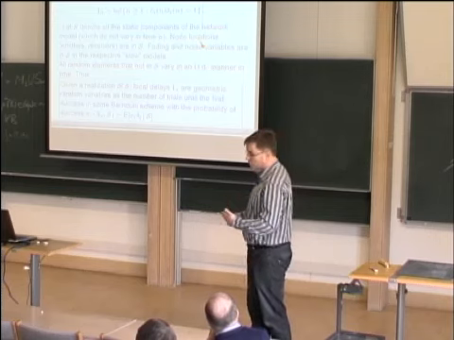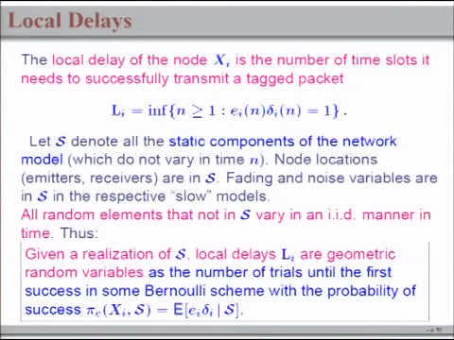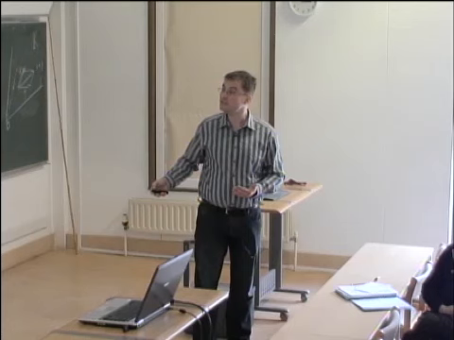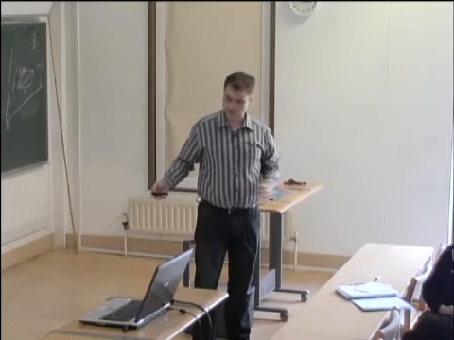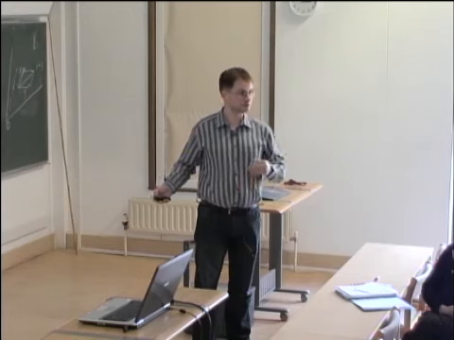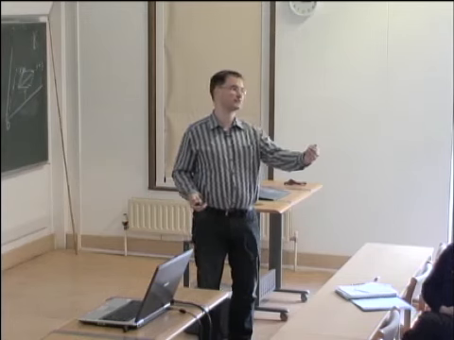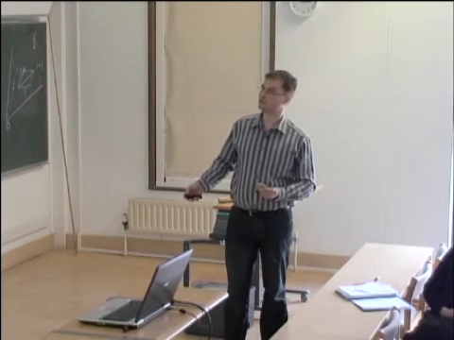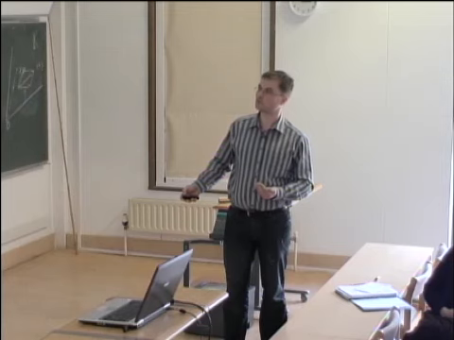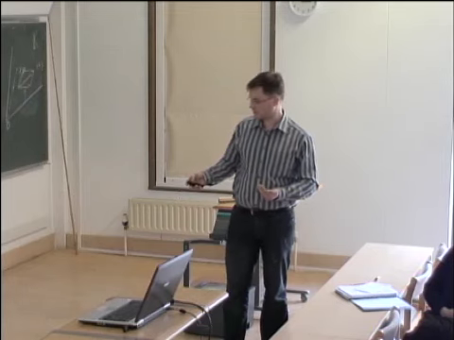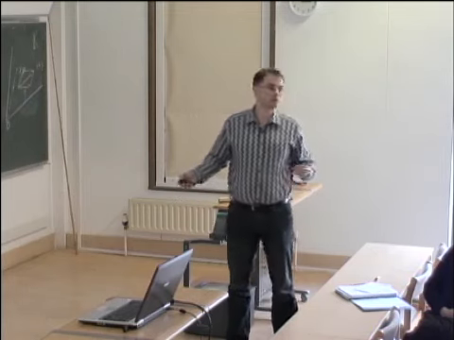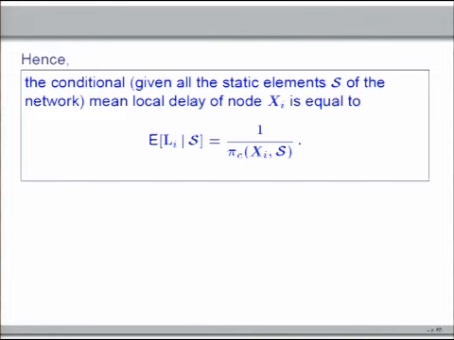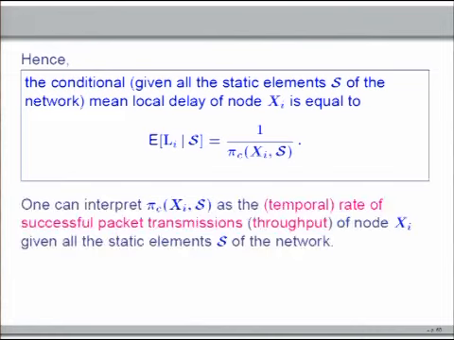Because everything that is not static varies in an IID manner, this local delay given everything that is static is nothing else than the time for the first success in the Bernoulli scheme, so it's a geometric random variable with this parameter. This is the probability of successful transmission given all the static elements of the network. As we know, the mean of the geometric random variable is 1 over its parameter.